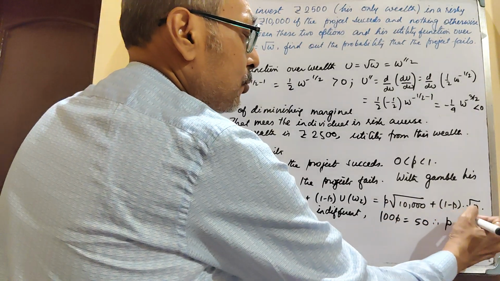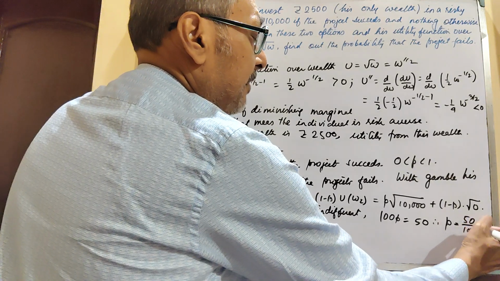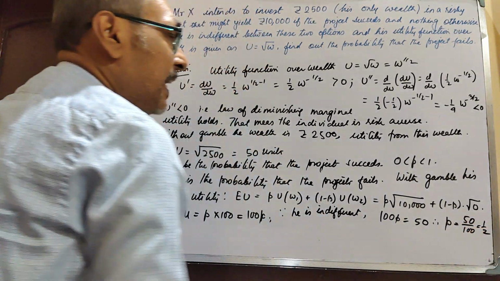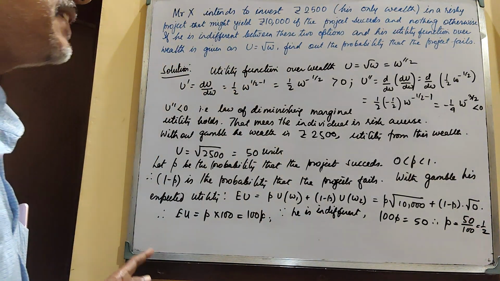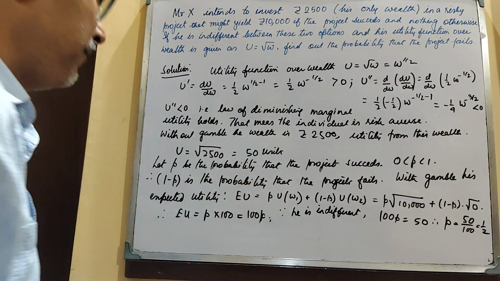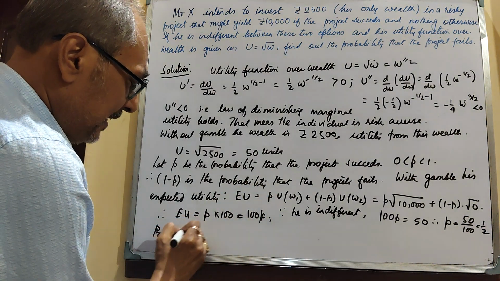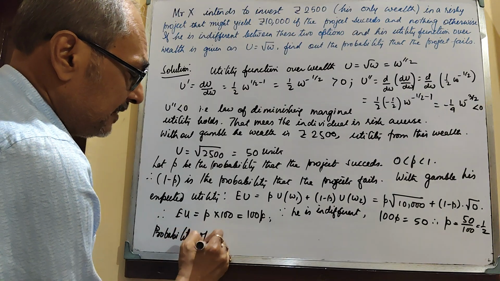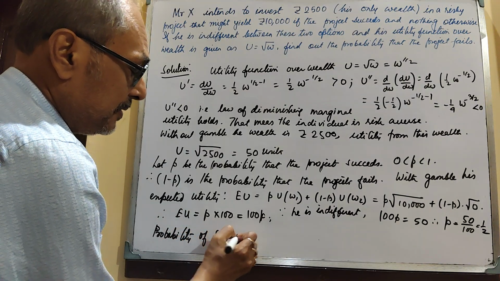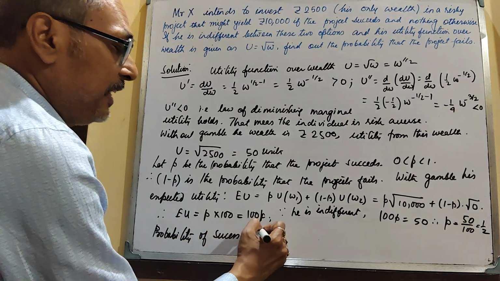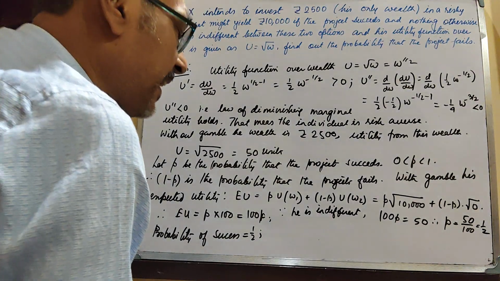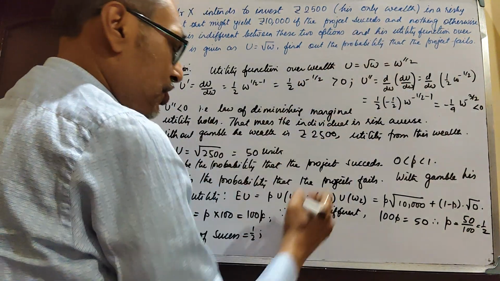Therefore, P equals 50 by 100 equals half. That means the probability of success equals half.